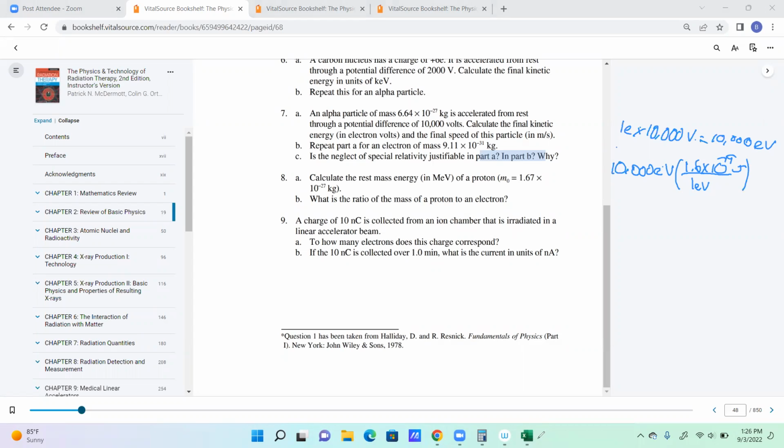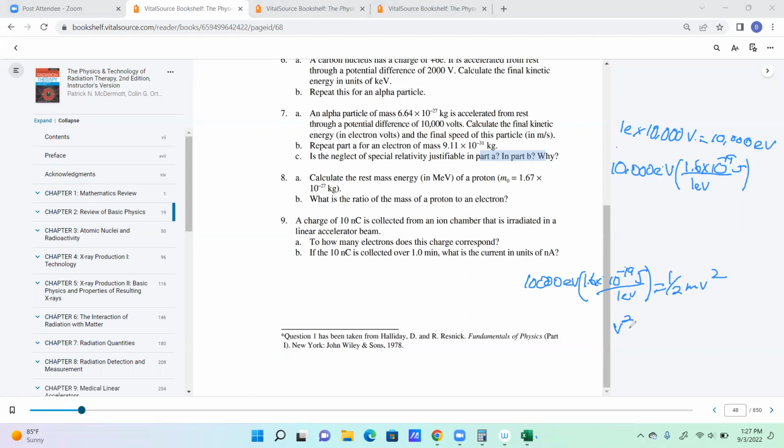Okay, so we do the conversion there. I'm going to go ahead and do this in Excel. Well, I'll tell you what, before we do that in Excel, whatever this conversion happens to be, which is 10,000 eV times the conversion factor, is going to end up equaling 1/2 m v squared.